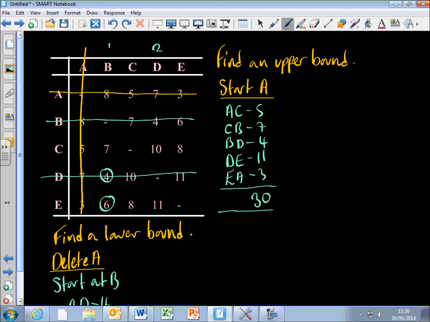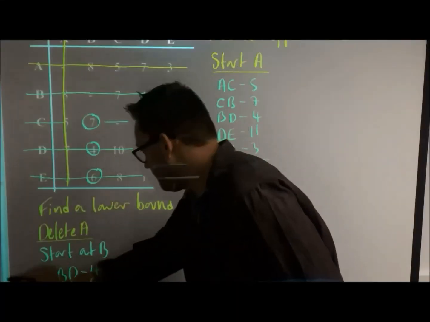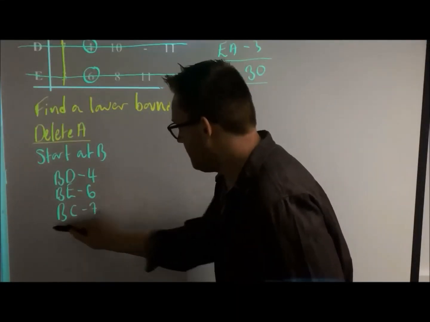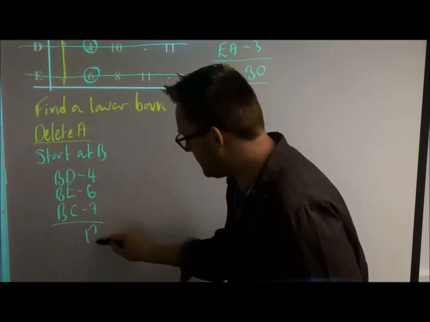Okay, and here's the next place I go to, so I put a 3 there and I cross this out, and then I'm going to look through all 3 of these columns and pick the smallest, and it looks like it's going to be B to C 7. Okay, so I've got my minimum spanning tree. So B to C 7. So the minimum spanning tree gives me a total of 17.